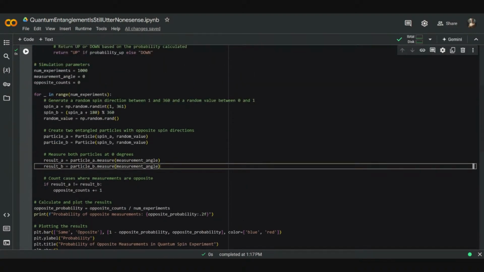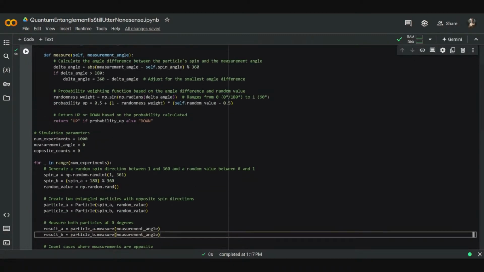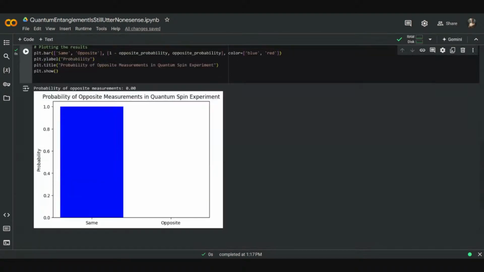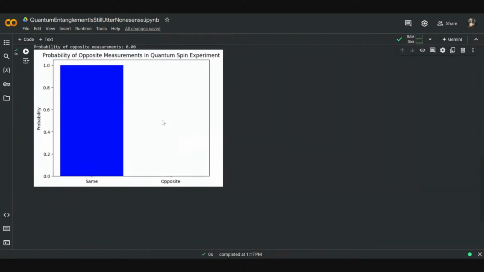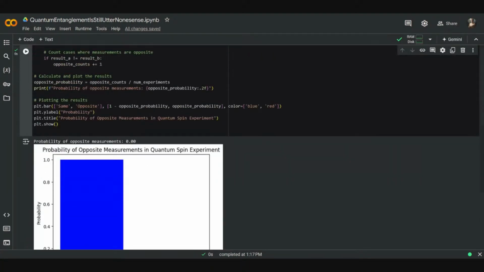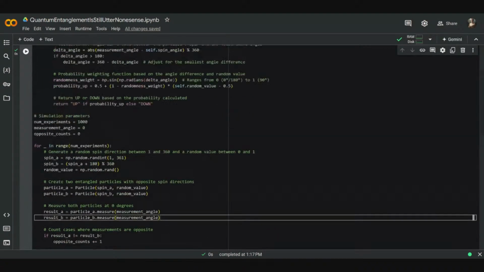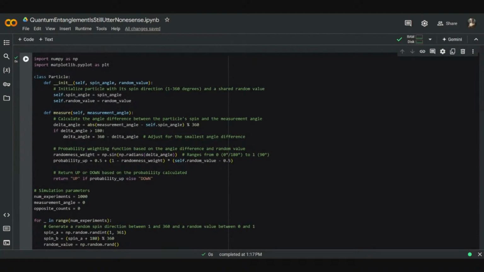How could they be the same if their spin is opposite? They're both up? How could you both be up? Particle A and particle B both say up for different spin angle?